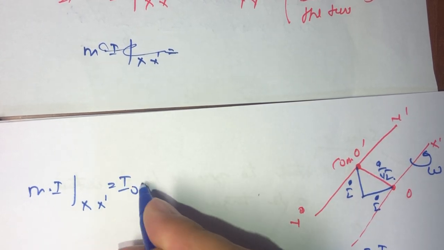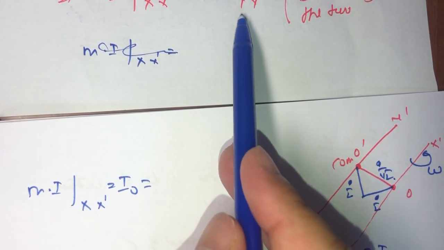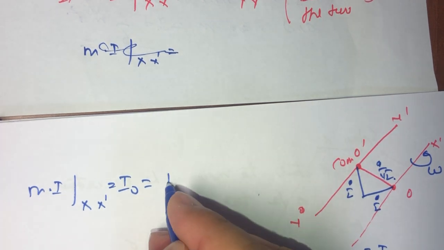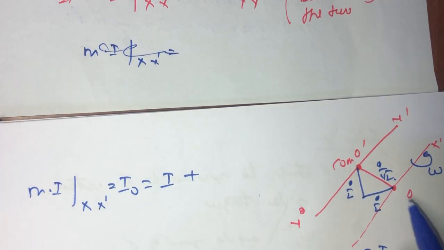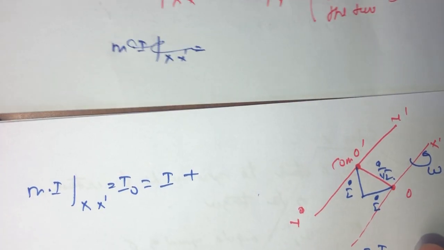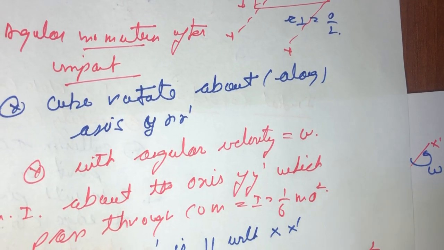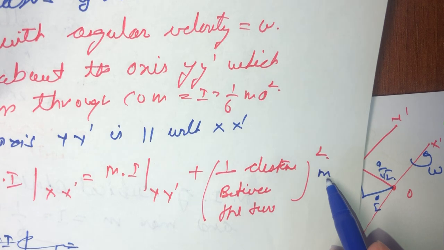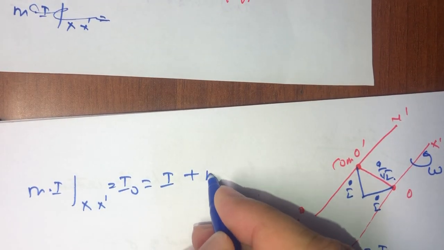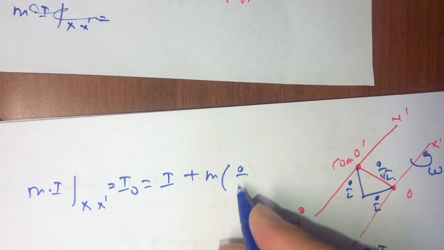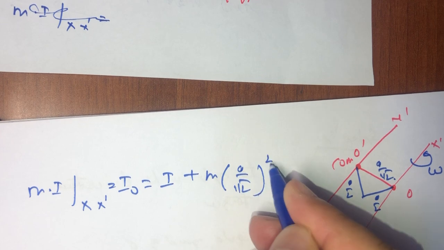This is equal to moment of inertia about y prime, which we said will be equal to I, plus the square of perpendicular distance, and I forgot to multiply it with the mass, so this will be multiplied by mass m. So this comes as mass, and perpendicular distance is a by square root of 2 and its whole square.